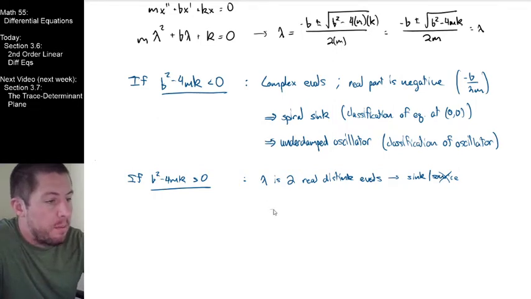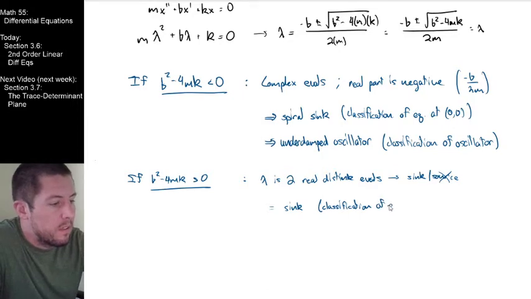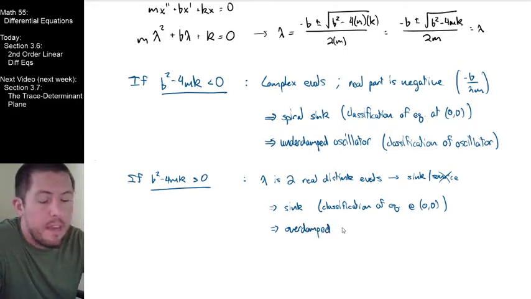And so I think that I could say that this is just a regular old sink, and that's our classification at the origin. And this is going to be giving us an overdamped situation here. This is when there's more damping than there needs to be for that door to return to rest.